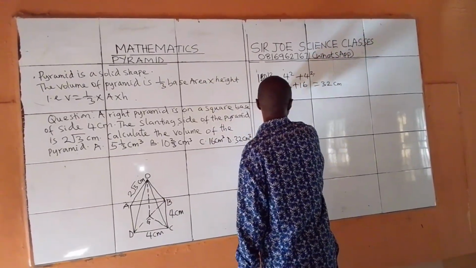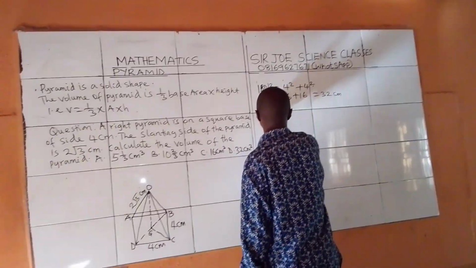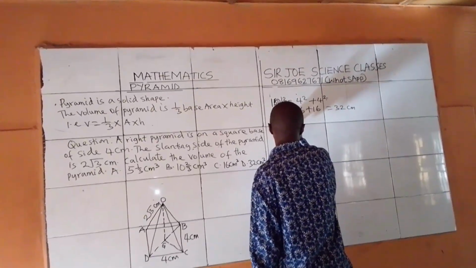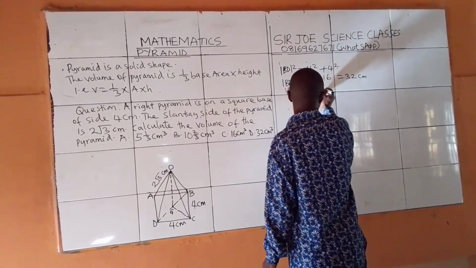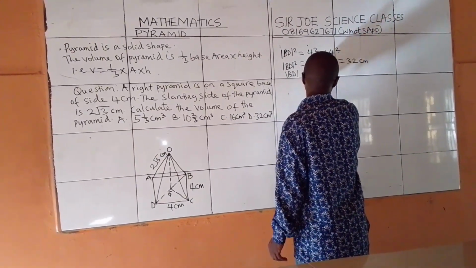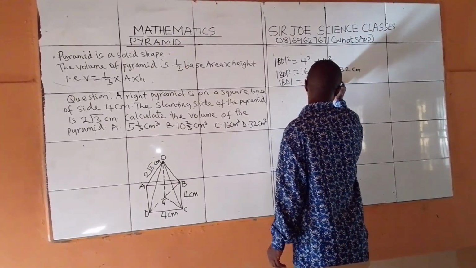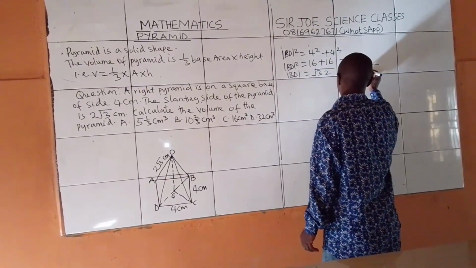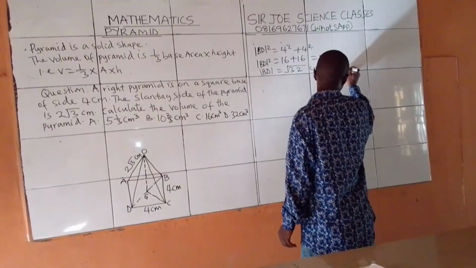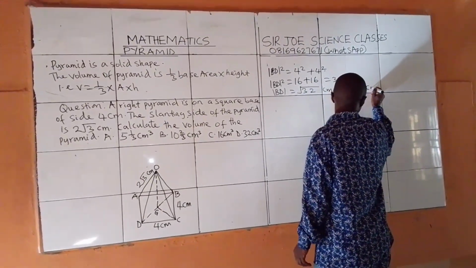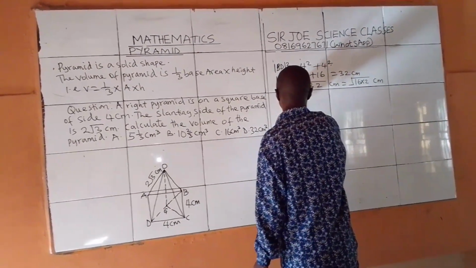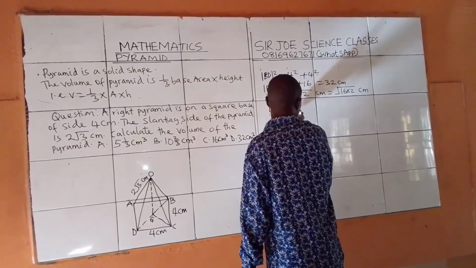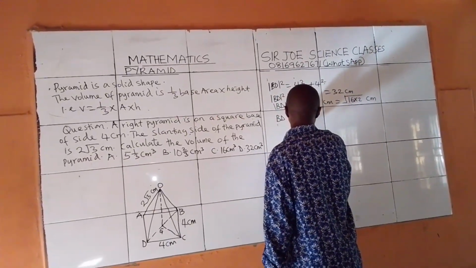If BD square is equals to 32, it means that BD is equals to square root of 32, which is equals to square root of 16 times 2 centimeter.